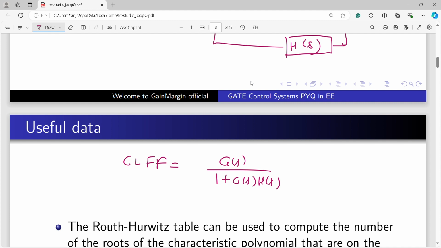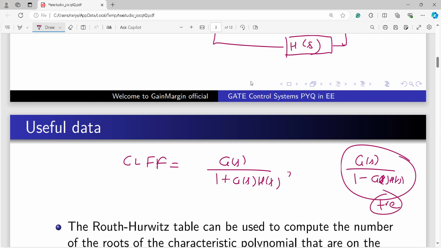Here I am referencing plus and minus: plus for negative feedback, and G(s) by 1 minus G(s) into H(s) for positive feedback. Sometimes they can ask that in a question. But we should remember that in the case of a stable system, our feedback should be negative in nature.